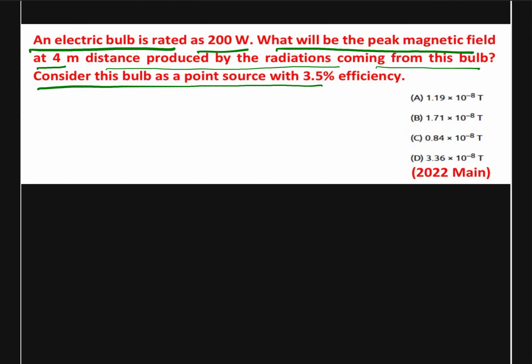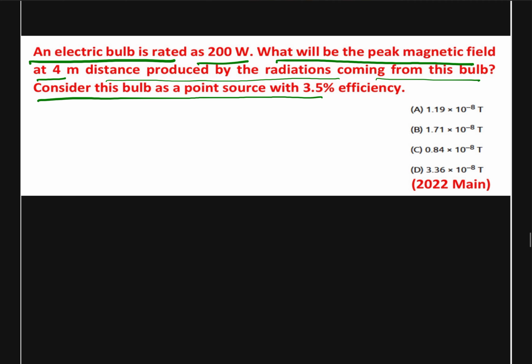So this is basically a combination of magnetic field and intensity, and I think I have already covered this question in the magnetic field part also, but I can just solve it here also. So we know that efficiency is 3.5% and the bulb is rated for 200 watt.